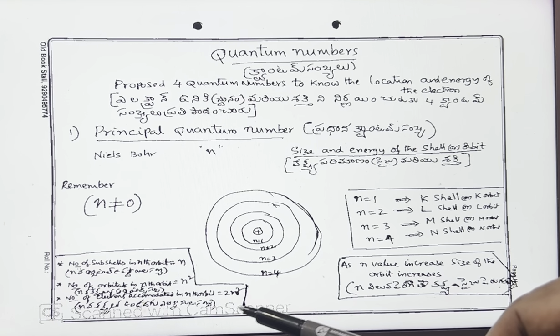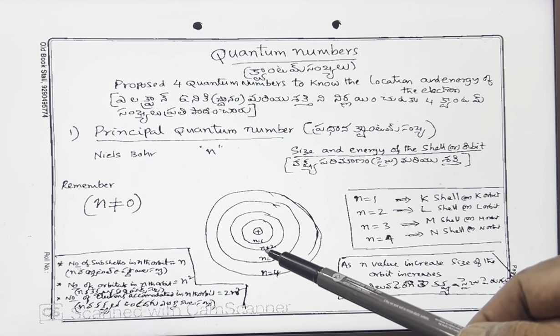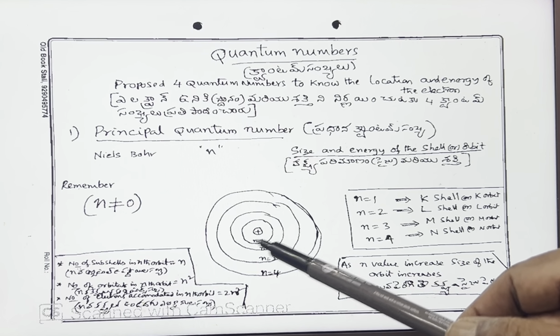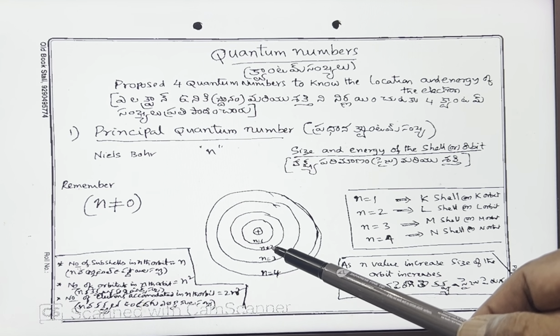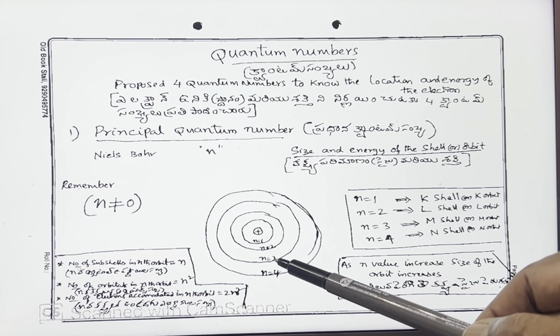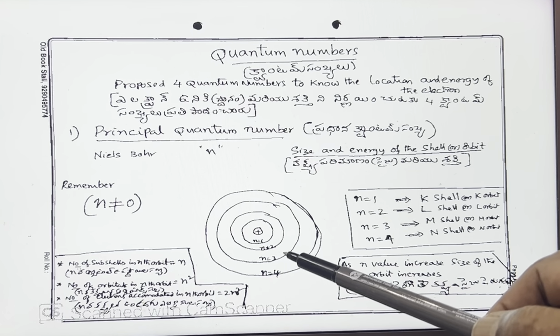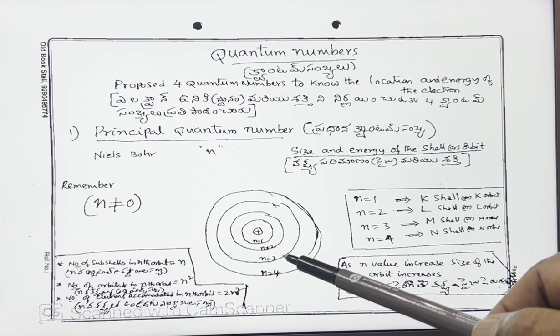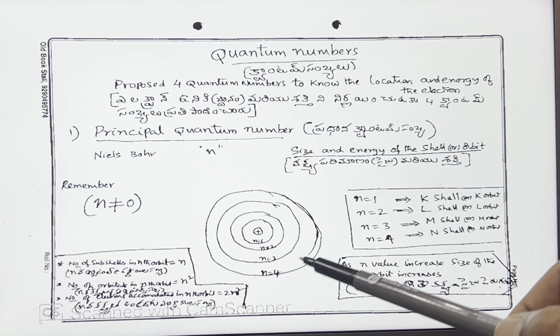In the first orbit, 2 into 1 square, 2 electrons; the second orbit can accommodate 2 into 2 square, 8 electrons; the third shell, 2 into 3 square, 3 square is 9, 9 into 2, that is 18 electrons; and the fourth shell, 32 electrons.